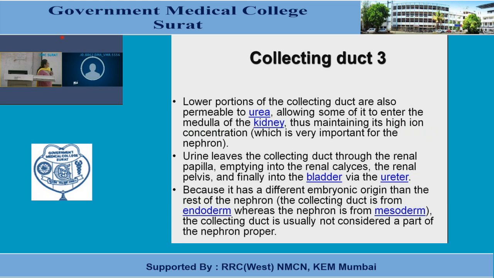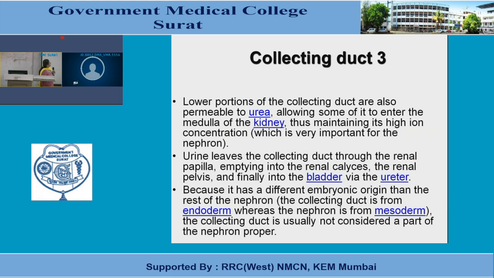It all will depend on your diet, how much protein you are taking, how much urea is being made, and accordingly the urea will be present in your urine. So in the kidney, some of it enters the medulla, thus maintaining its high concentration gradient. Even urea is very important for maintaining a hyperosmolar interstitium.